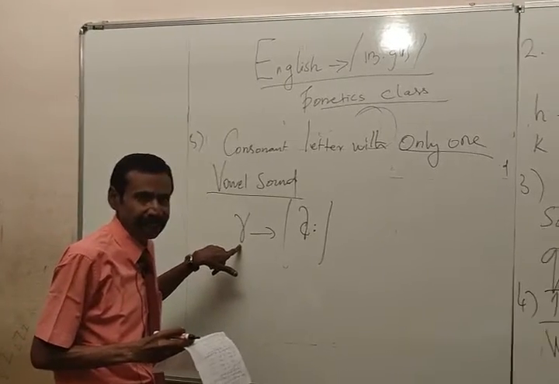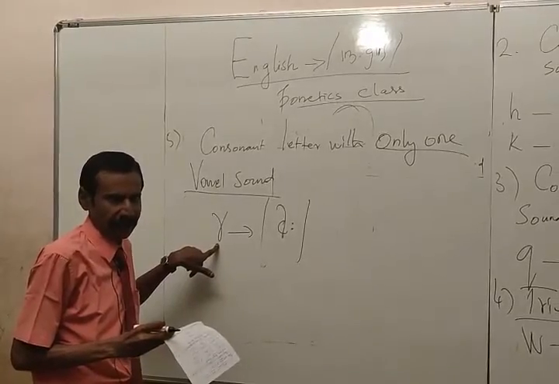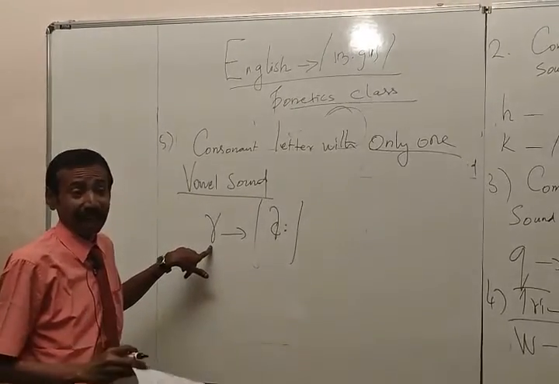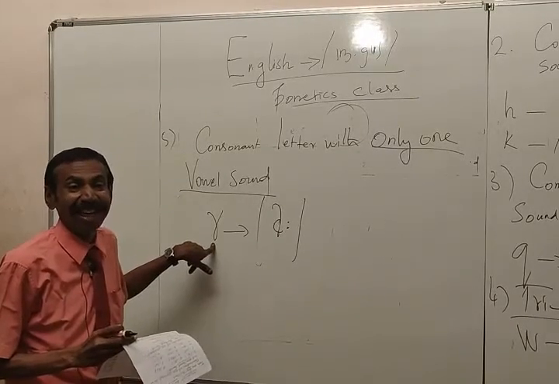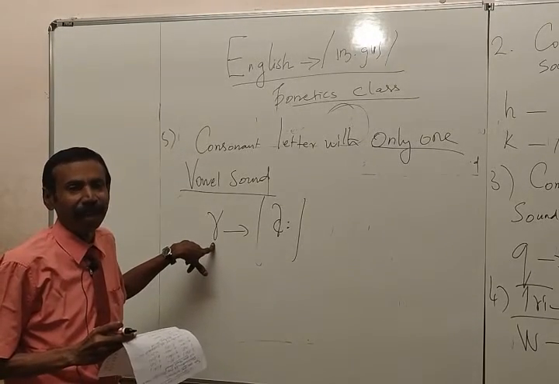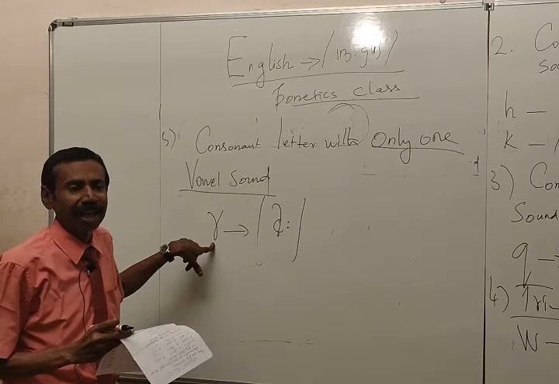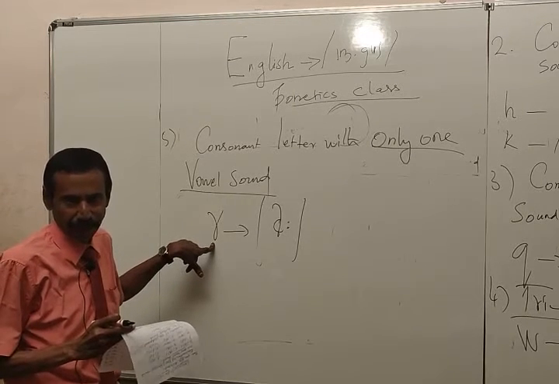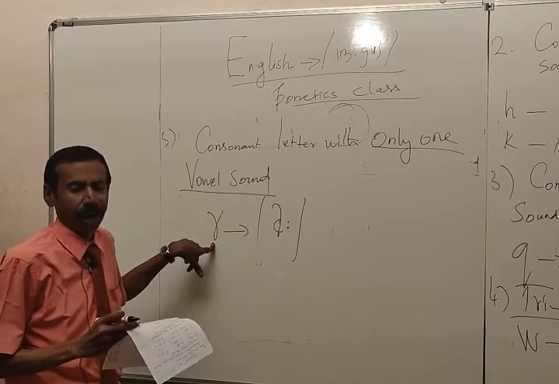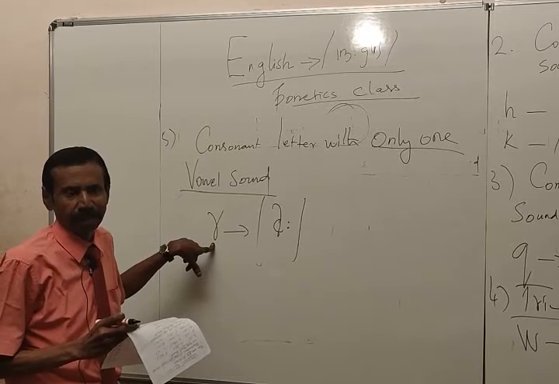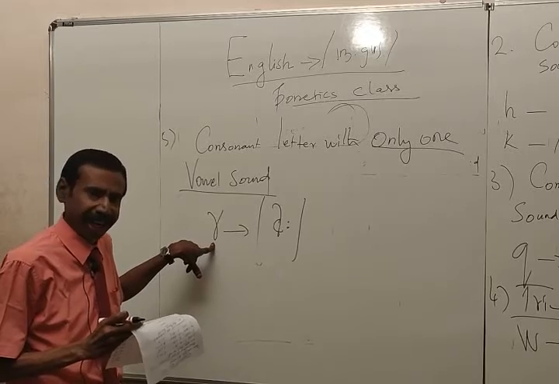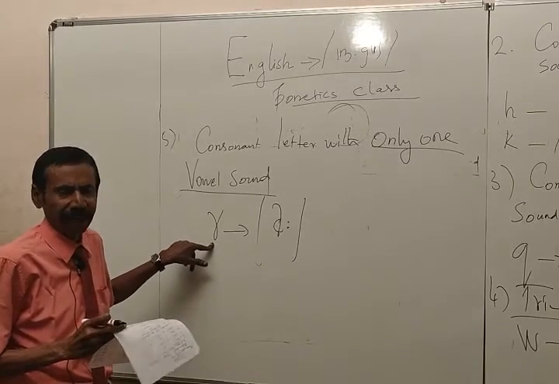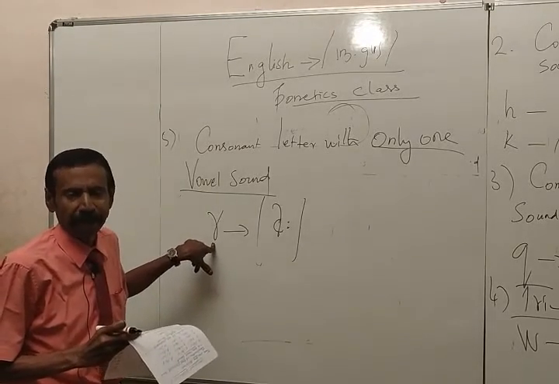The letter here is the consonant R, but in English we pronounce R in letter, father, mother, brother, sister in a wrong way. This is not the correct way to pronounce. Whenever the letter R ends a word, it should not be pronounced.